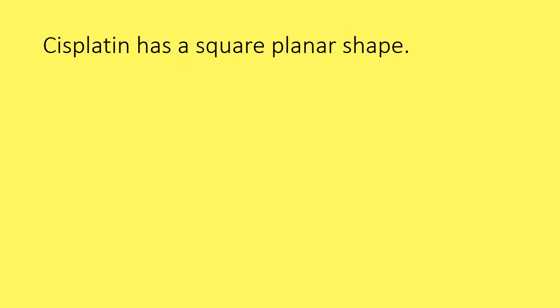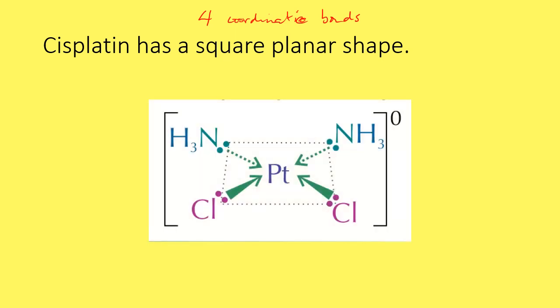Now we said that when we've got 4 coordinate bonds it's usually tetrahedral, but in some circumstances coordination number 4 gives us a square planar shape, as in a drug called cisplatin, of which we've got a diagram here.